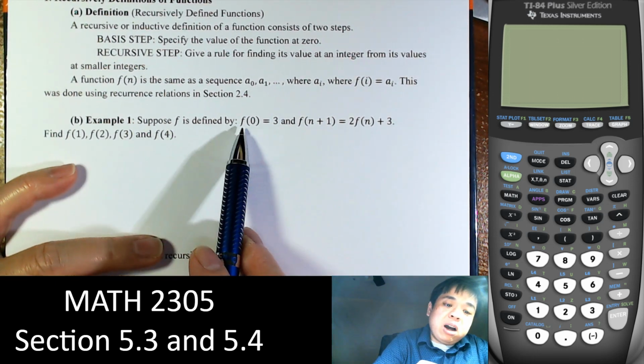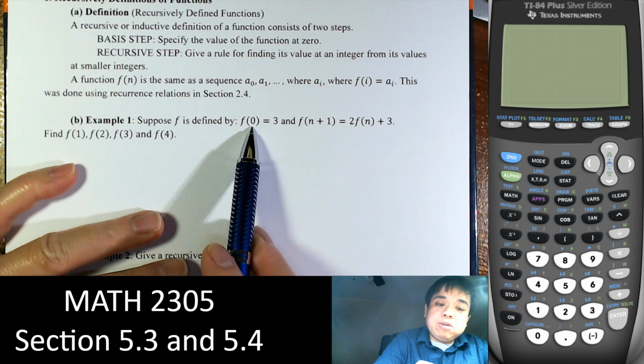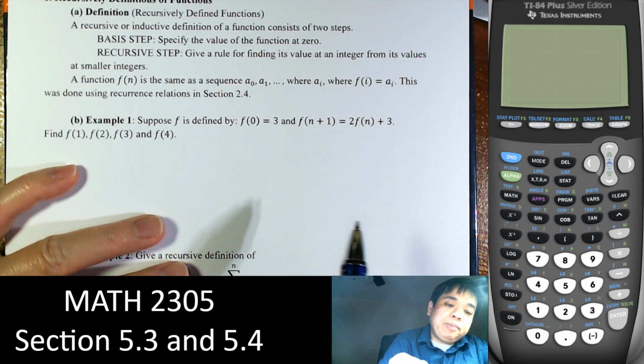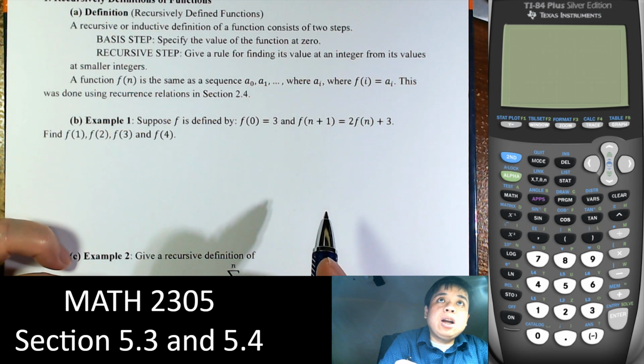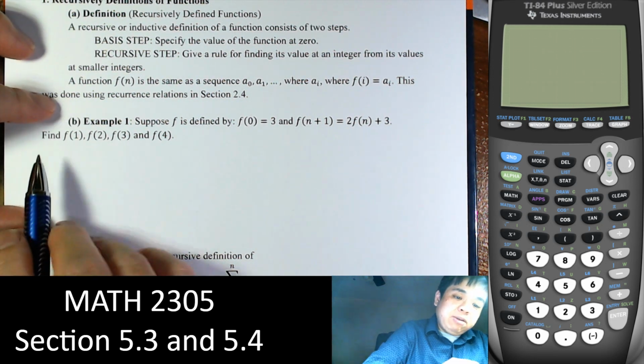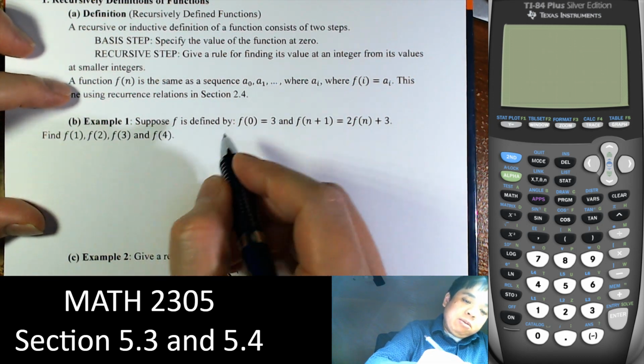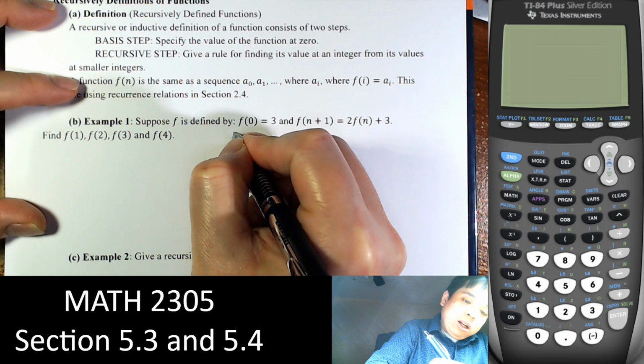Suppose f is defined so that f of 0 is equal to 3, and f of n plus 1 is equal to 2 times f of n plus 3. In that case, find f of 1, 2, 3, and 4. We have f of 0 is 3. Now we want f of 1.